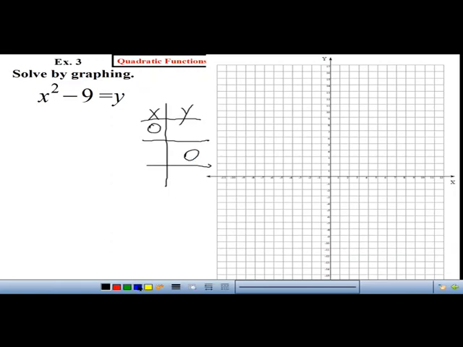So, look up. If I substitute 0 here for x, what is 0 squared? 0. So that leaves us with what? Negative 9 equals y. So that goes right here, negative 9. Let me plot that. 0, negative 9. That's what we call the y-intercept. It's when x is 0.